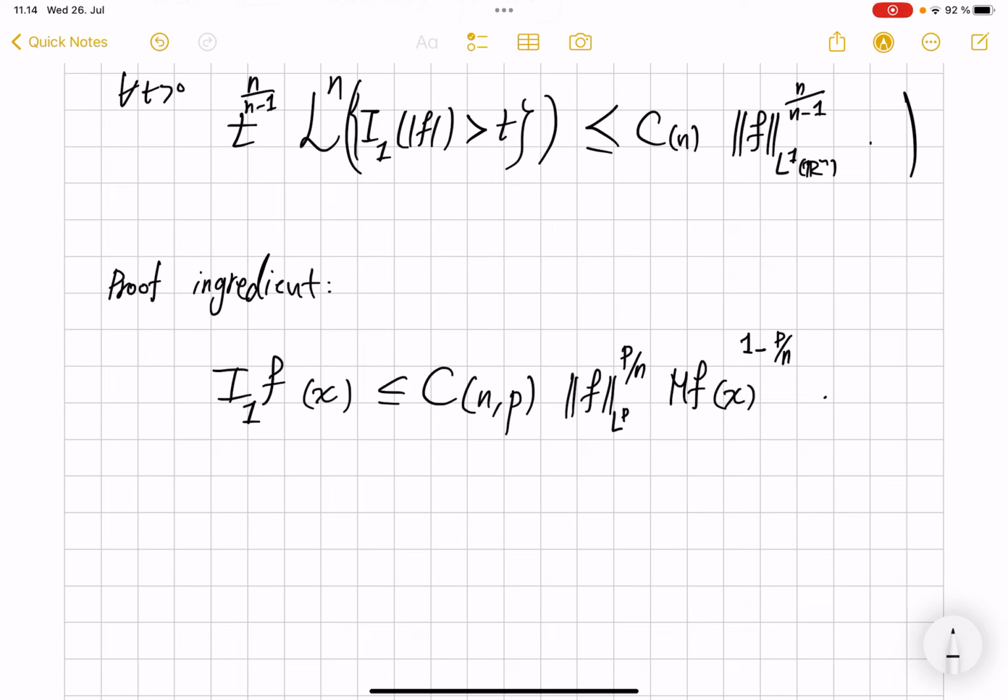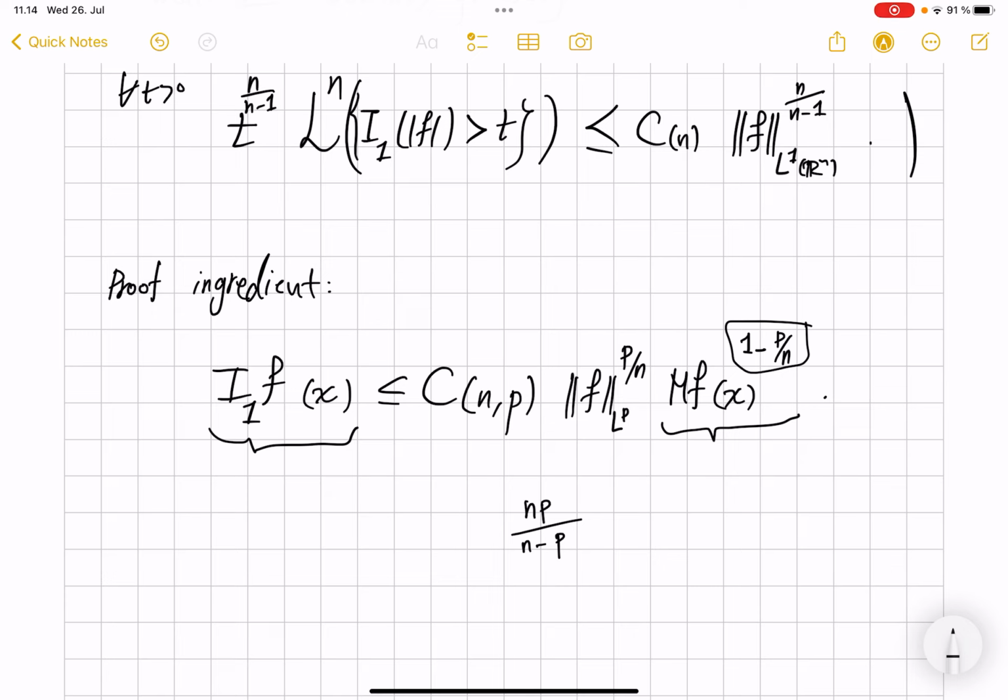For the full proof of this theorem, go to this book. But once you have such an estimate and you know the maximal function theorem, the LP boundedness of Mf, then because of these powers you get np over n minus p, which will take care of this one.